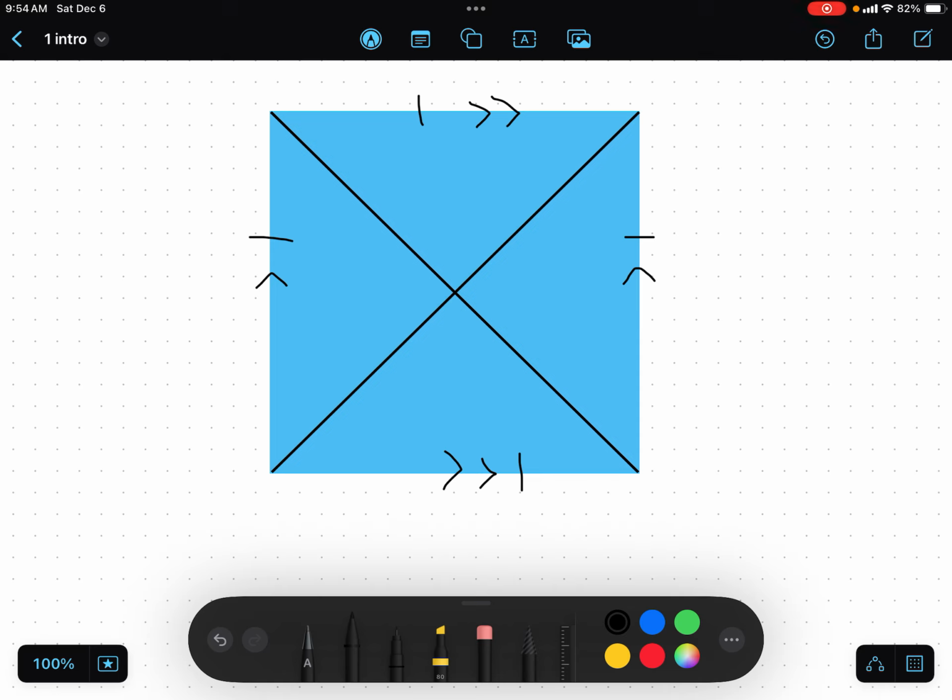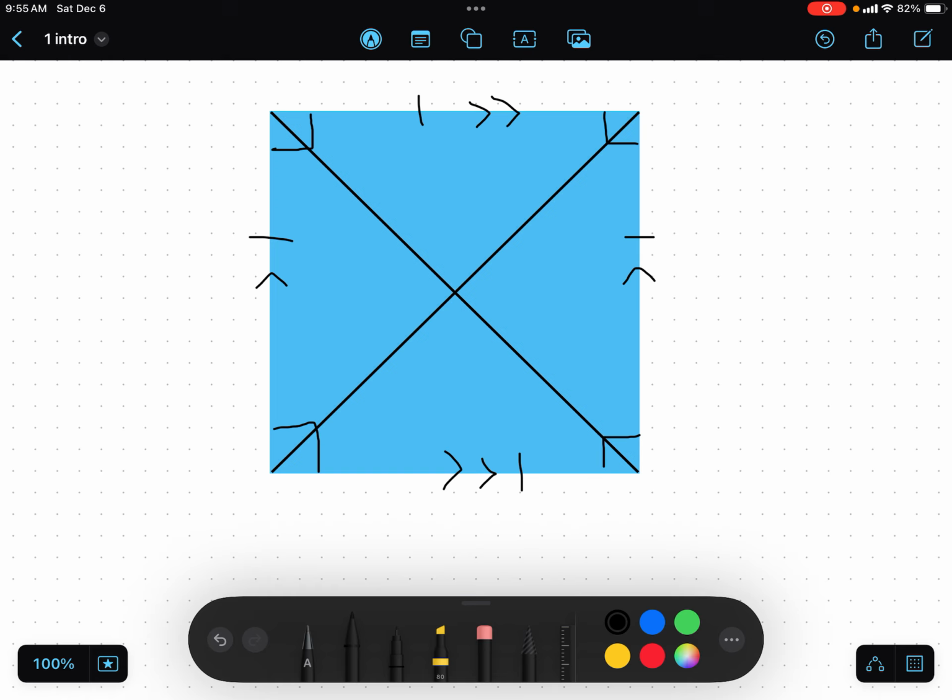Not only are opposite angles congruent because the square is a type of parallelogram, but they are also all right angles because the square is a type of rectangle. So we have that going on as well.